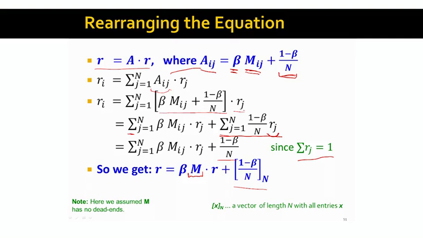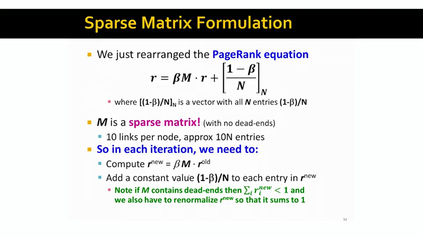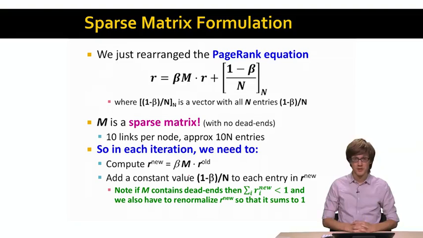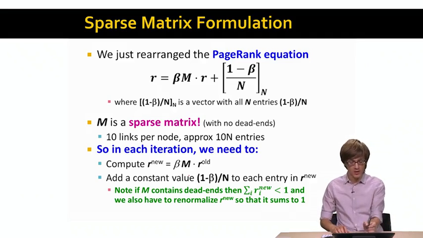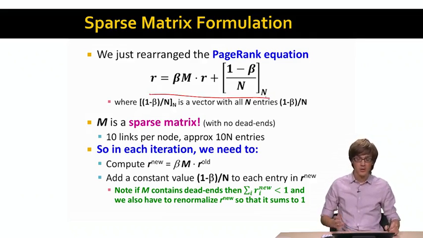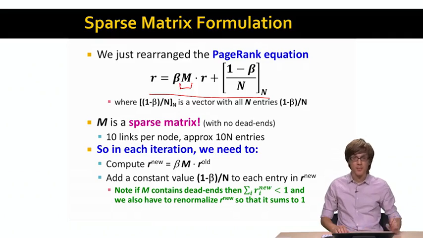Rather than working with a big n squared size matrix, we are now working with a very small matrix. And let me just demonstrate how much difference this makes in practice, right? What we did in the last few slides is rearrange our PageRank equation into a different equation that doesn't depend on A, but only depends on our matrix M.